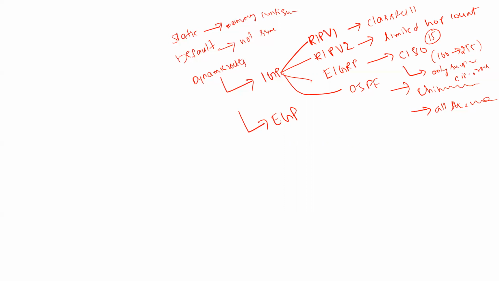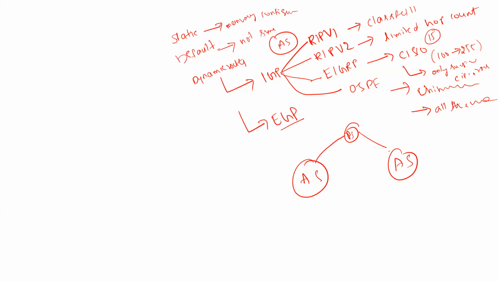What is the disadvantage of IGP here? It supports only inside an autonomous system. But if you want to connect between autonomous systems, we won't use IGP. We need EGP coming into the picture, that is BGP, Exterior Gateway Routing Protocol.